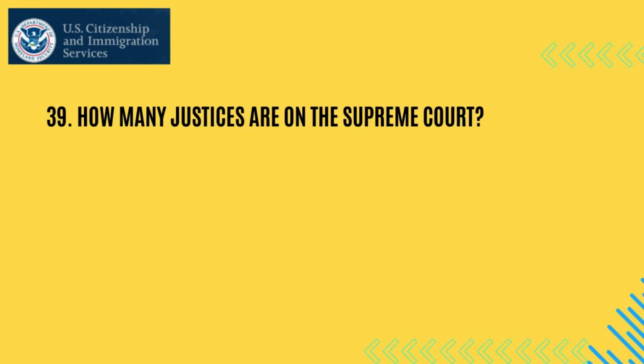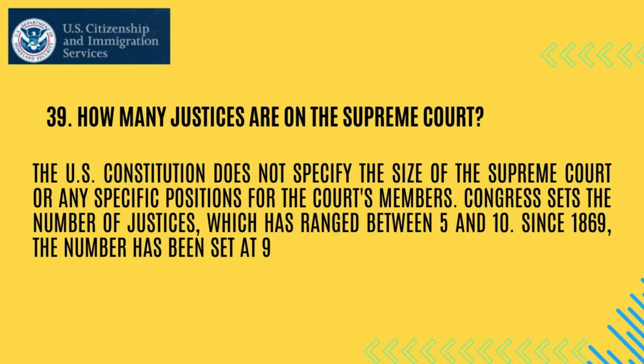39. How many justices are on the Supreme Court? The U.S. Constitution does not specify the size of the Supreme Court or any specific positions for the court's members. Congress sets the number of justices, which has ranged between 5 and 10.